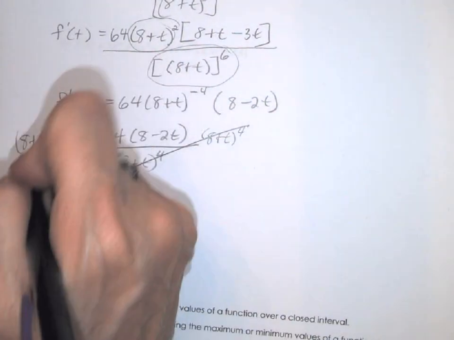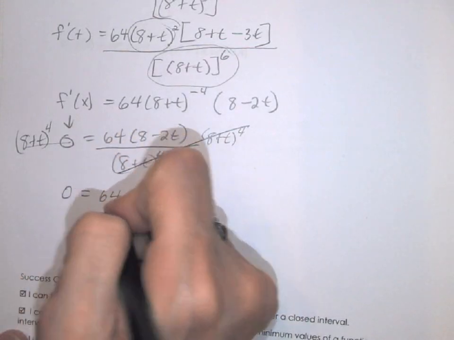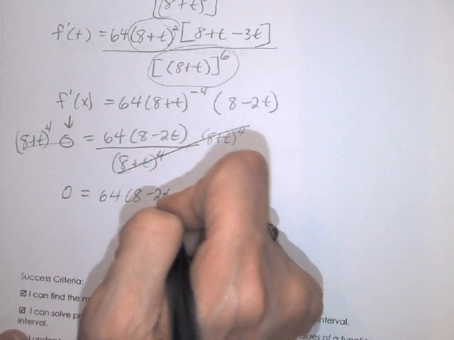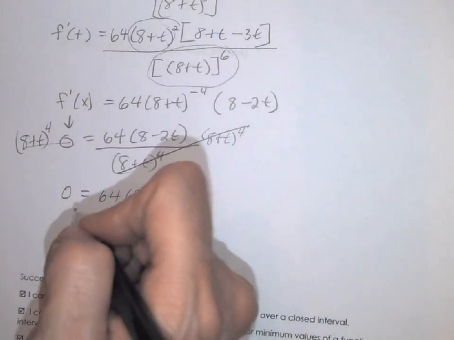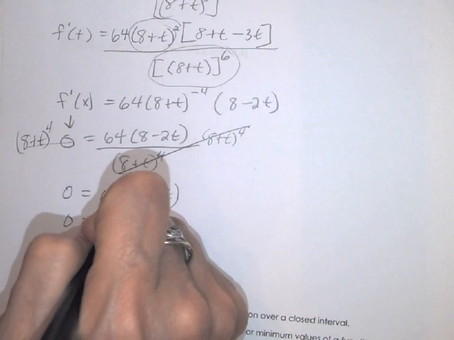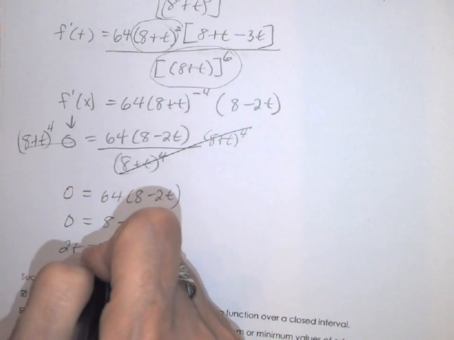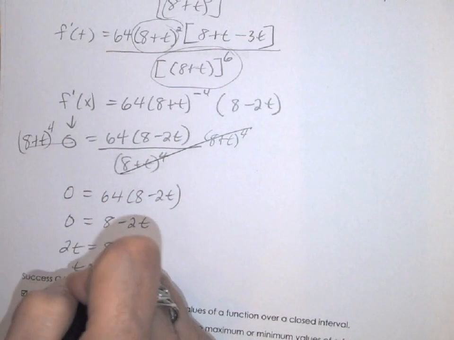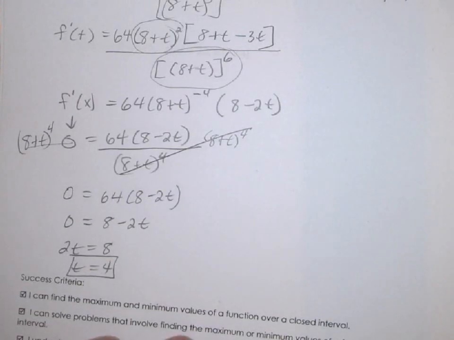So those go, and those multiply to give me 0. So I'm going to end up with a really nice, easy equation to solve, because now I can divide both sides by 64, which will give me 0 equals 8 minus 2t. Add 2t to both sides. Divide by 2, and we've got our t value is 4 when the slope of the tangent is 0.